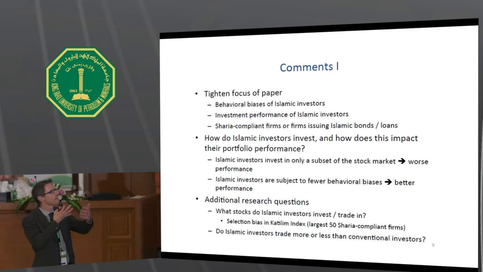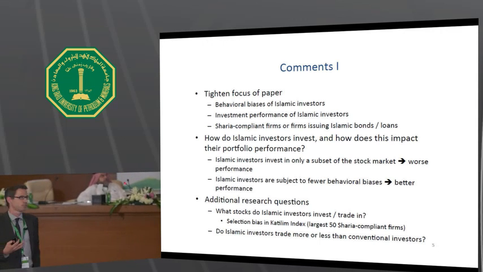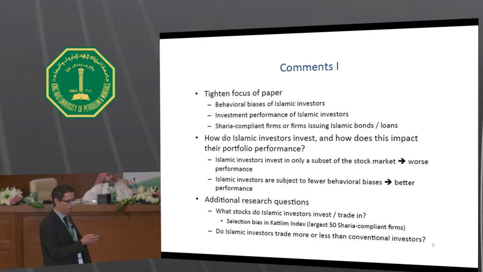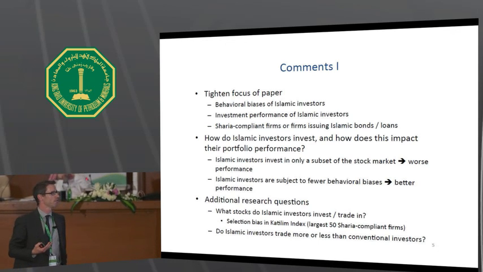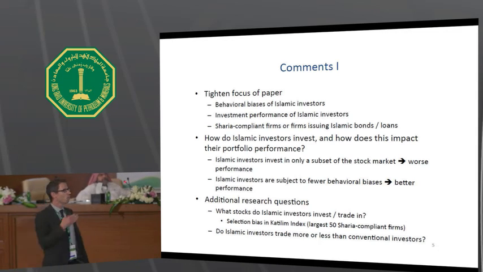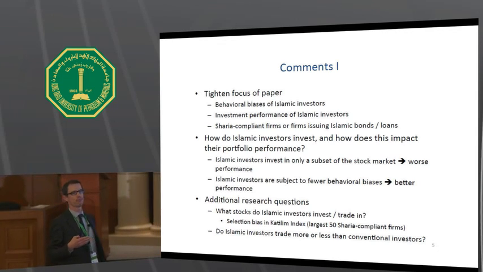And it's not really clear in the paper how all these three things are connected. And what I suggest is to give a better focus. So for example, one way to position the paper is to focus on the question: how do Islamic investors invest, and what is the impact of those investment strategies on portfolio performance?